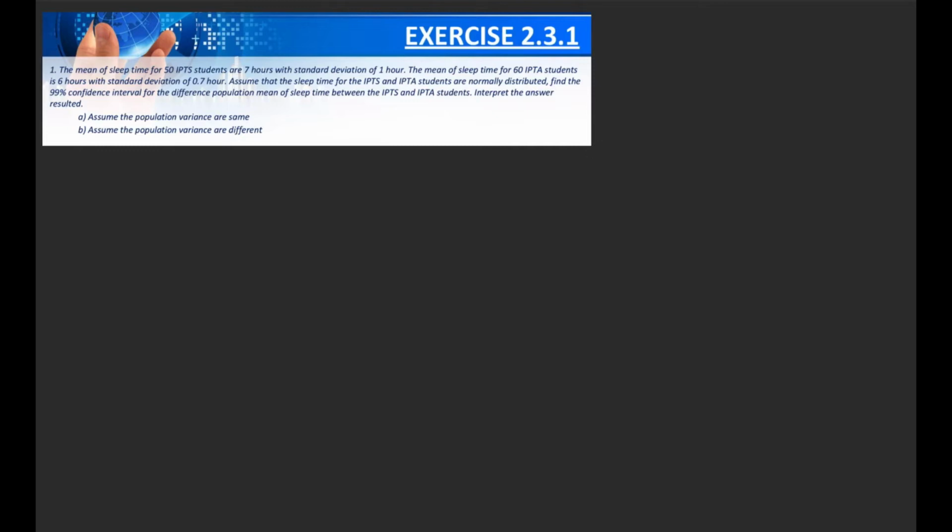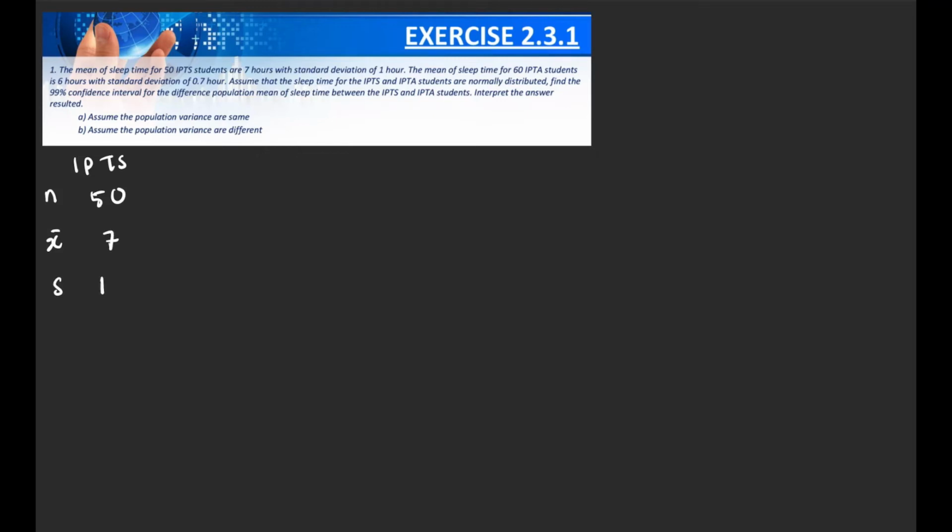The mean of sleep time for 50 students in IPTS is 7 hours with standard deviation of 1 hour. So you will have n here for 50 students, x bar is 7 with standard deviation 1.